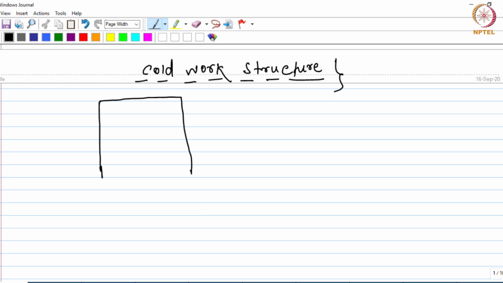For example, they can form dislocation cells having cell walls made of dislocations. So dislocations can tangle like this and form this kind of cells.